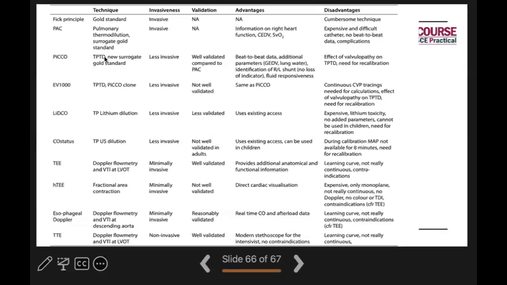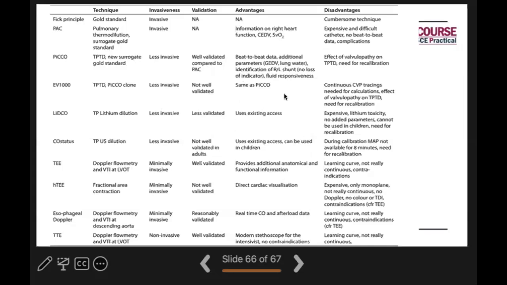Okay. And then we saw the minimally invasive techniques, where it needs only a central line and an arterial line to do the transpulmonary thermodilution and the pulse wave analysis, like PiCCO, VolumeView, or LiDCO Plus, where these devices are well validated with trials.